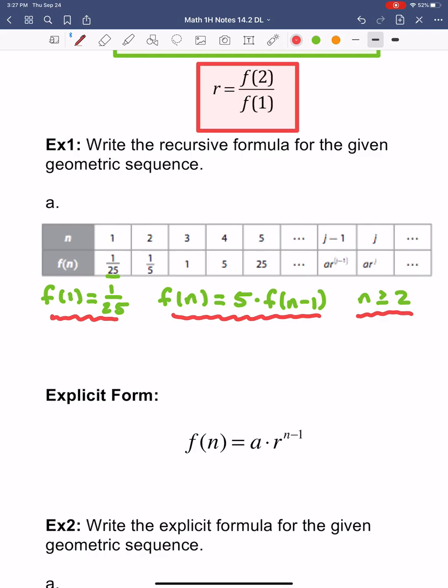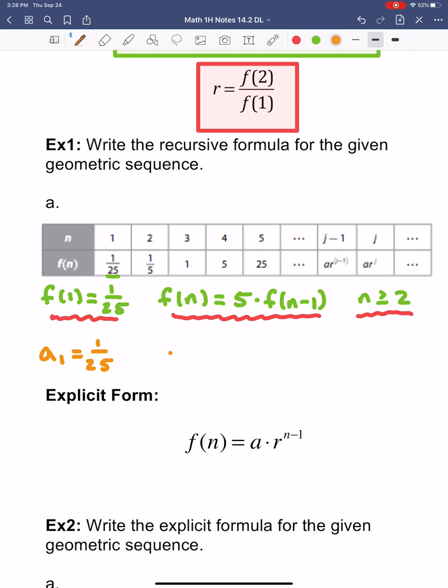And then there's one more piece that I want to show you here, and that's that sometimes they're going to use different notation. So we're using f here, but you can also use a different form, which is going to look like this. So a sub 1 would be another notation that we could use, and in this case it just means the same thing as f of 1.